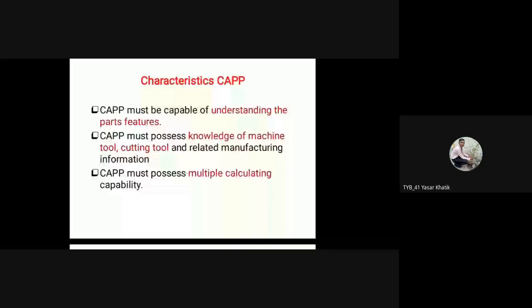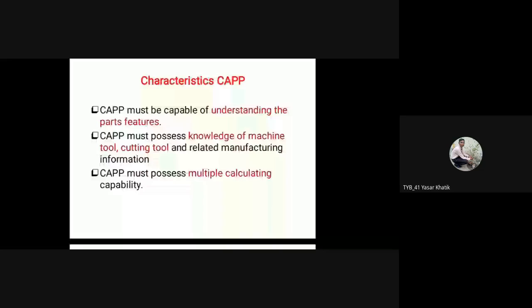CAPP must possess multiple calculation capability, meaning it must be capable of doing different tasks at a single time, such as programming, the operation sequence number task, and material selection. Like this, CAPP must possess multitasking capability.